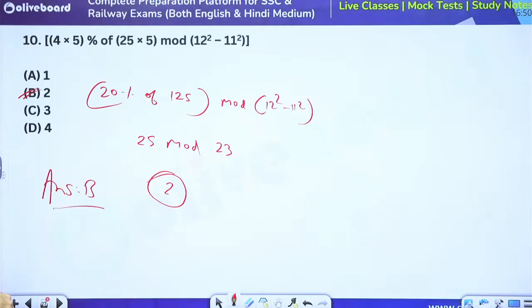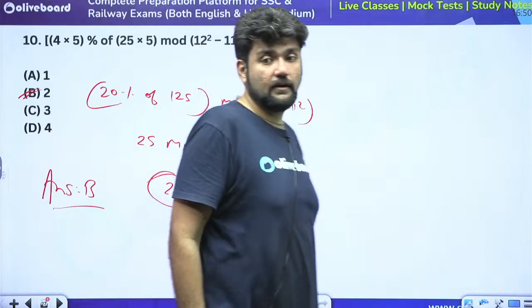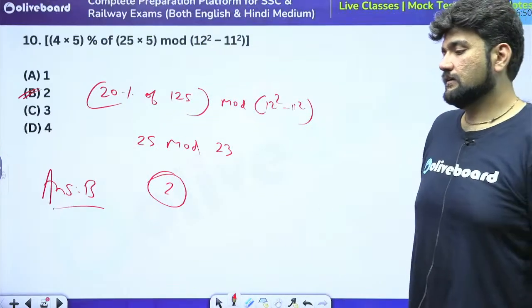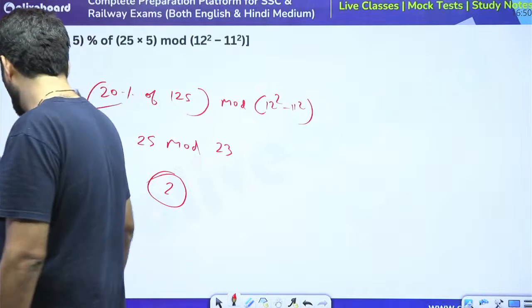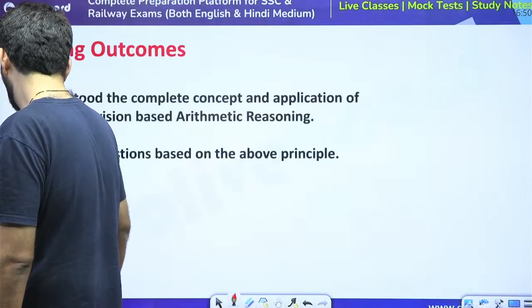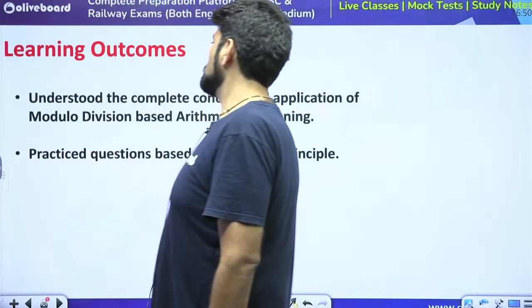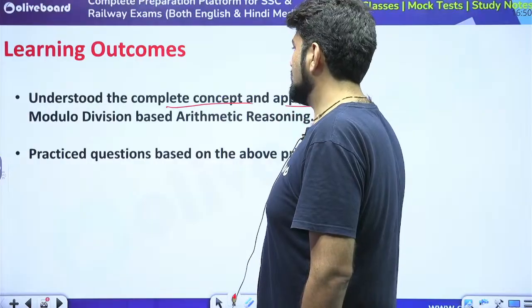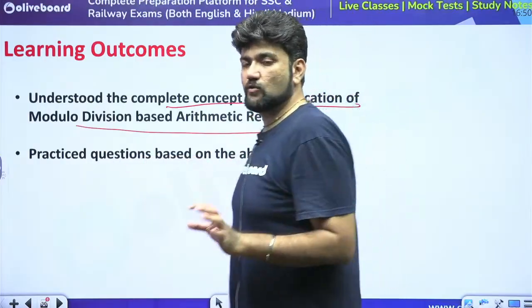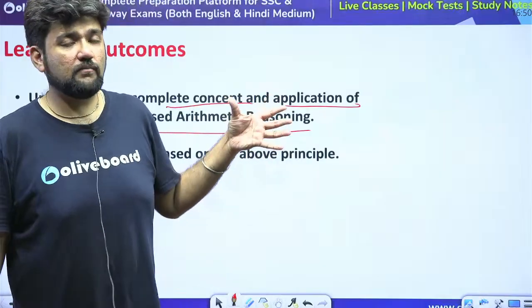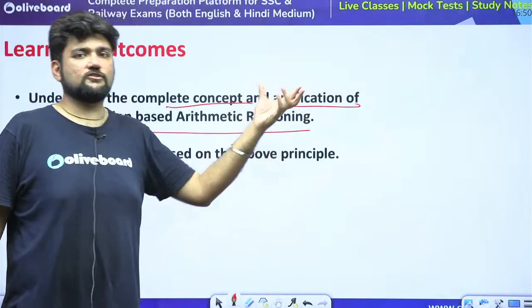Okay. So the questions might seem difficult, but they are actually not very difficult. If the basics are clear, then you will be easily able to glide through these questions. So what was the objective of the session today? The primary objective was to understand the complete concept and application of modulo division based arithmetic reasoning. So whatever questions they have asked you in the examinations are actually simpler than what we have discussed in the session today.